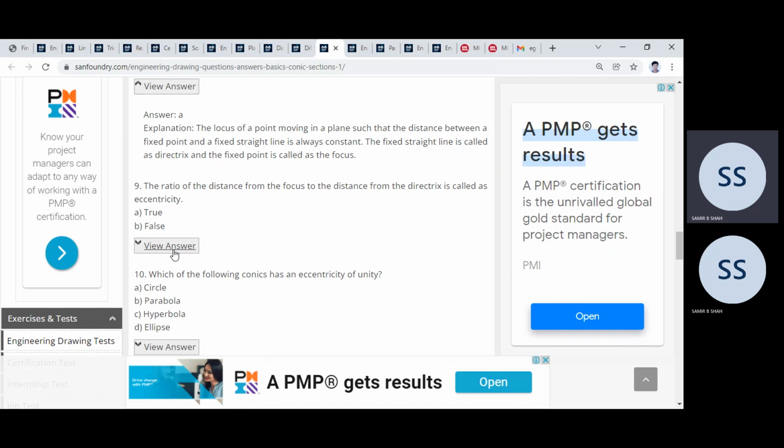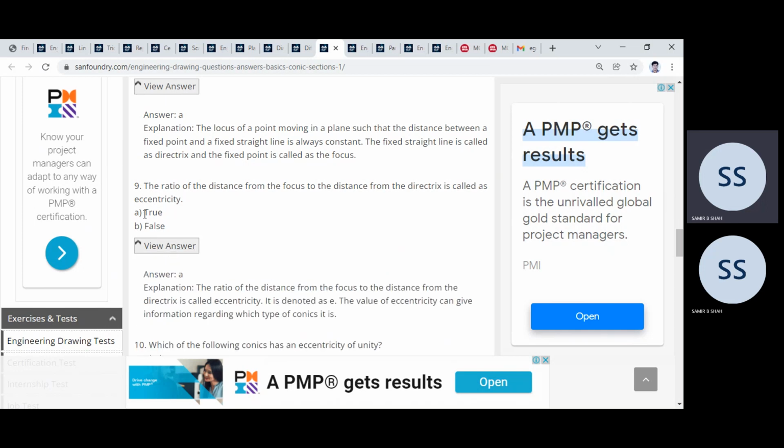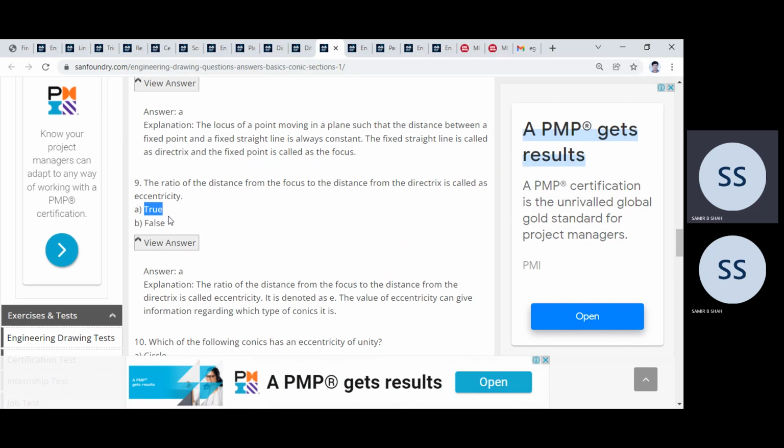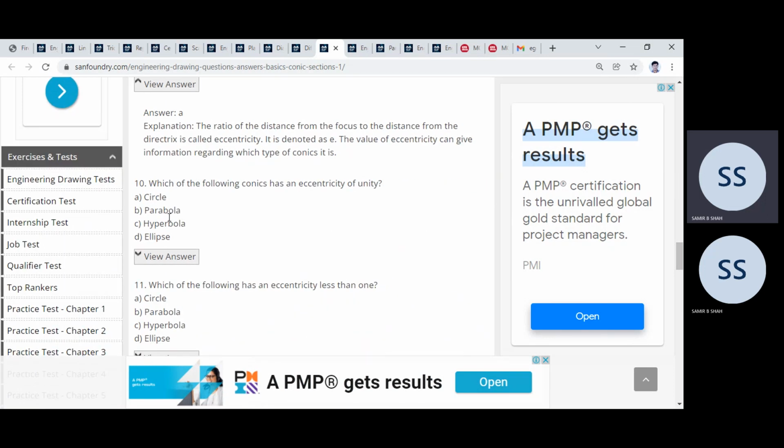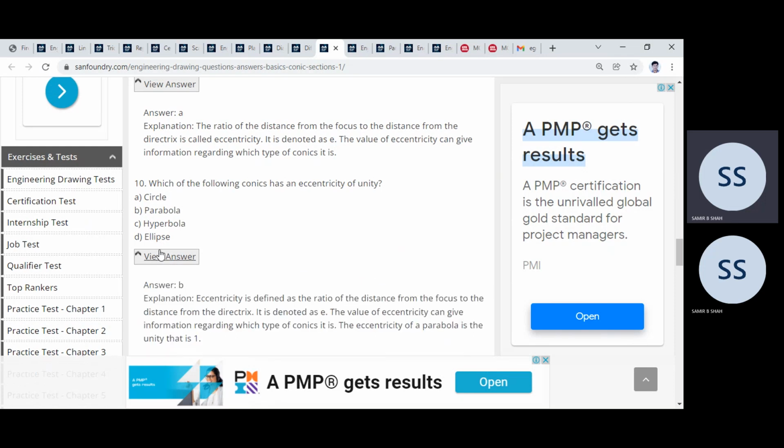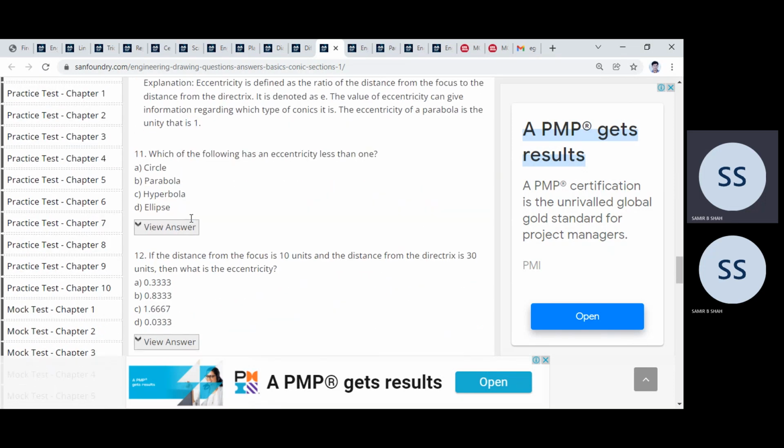The ratio of the distance from the focus to the directrix is called the eccentricity. Which of the following conics has eccentricity unity? Very easy question. If E is equal to 1, then it is called a parabola.